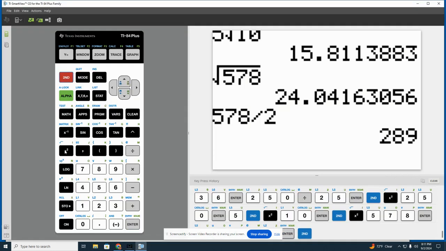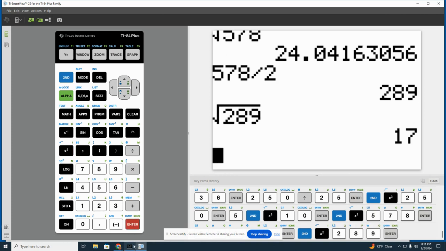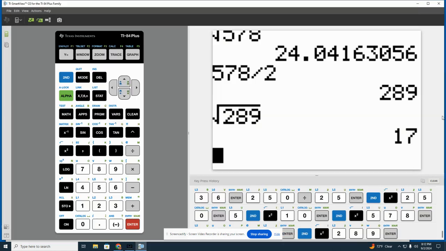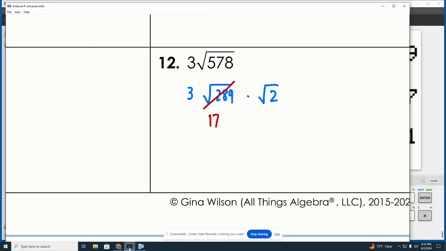Let's check it. The square root of 289 is 17. 17 gets to escape that radical. So we've got two whole numbers out here now. So we're going to go see what 3 times 17 is, and that is 51. So my answer is 51 times the square root of 2.